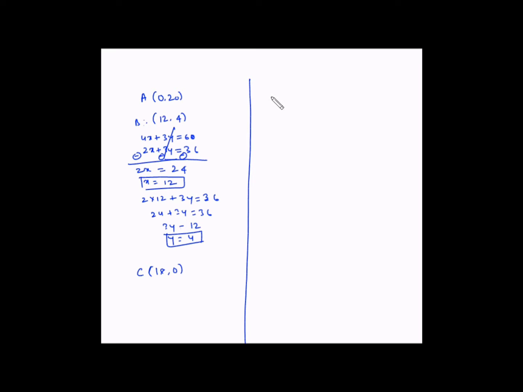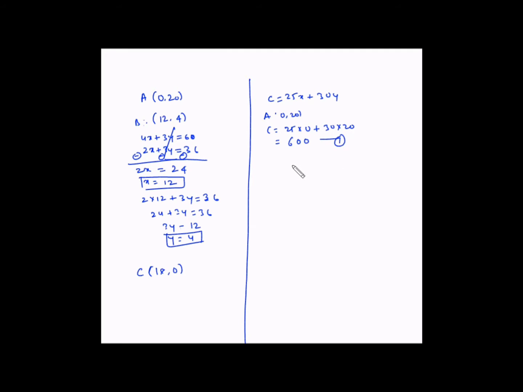So our objective function is C is equal to 25x plus 30y. So for point A, which is 0, 20, C is equal to 25 multiplied by 0 plus 30 multiplied by 20. This is equal to 30 multiplied by 20 is 600.